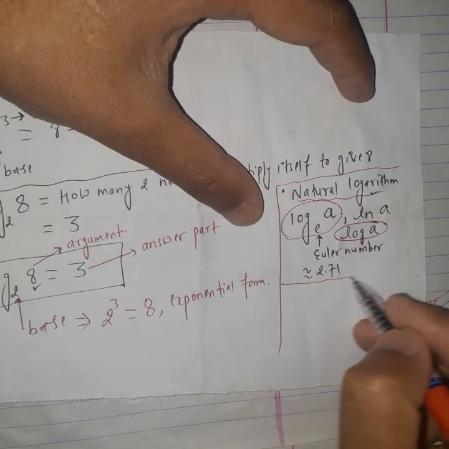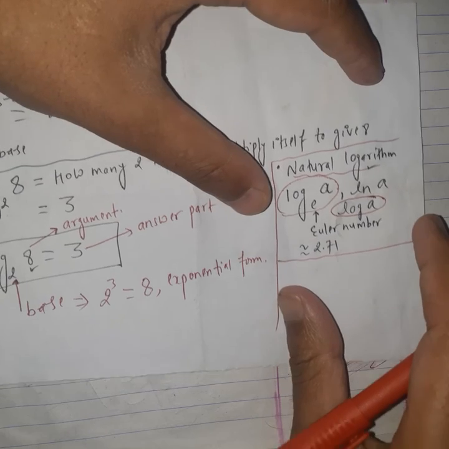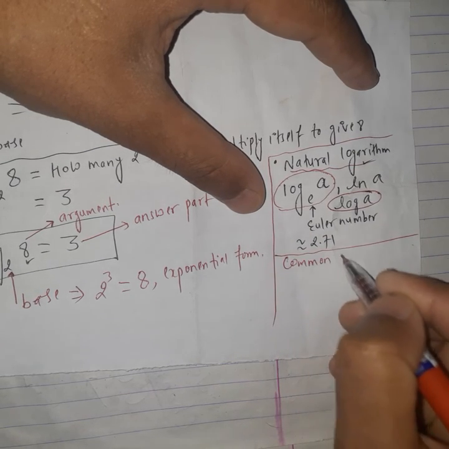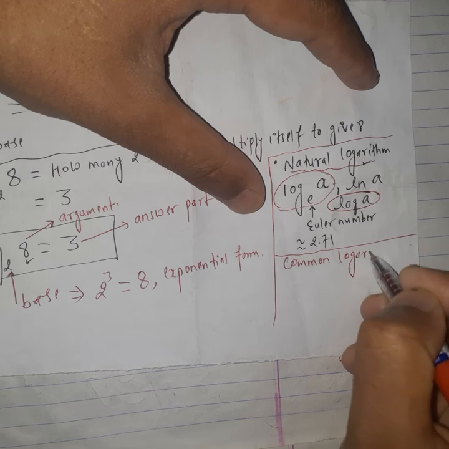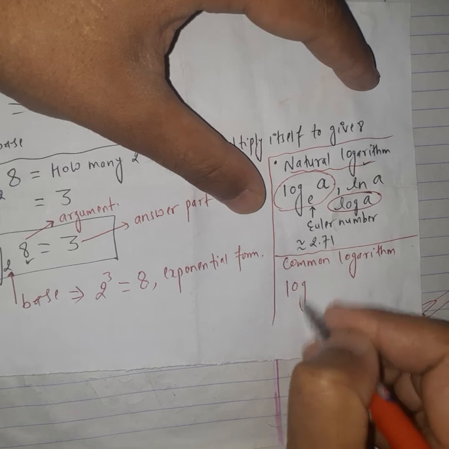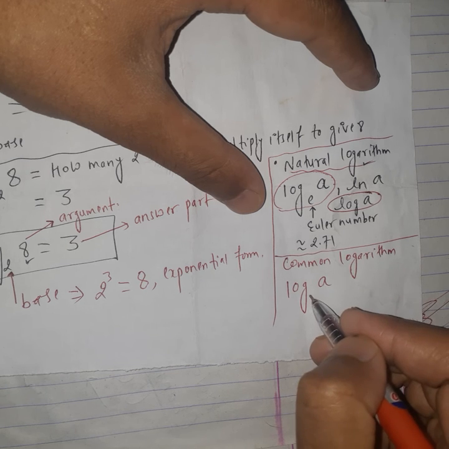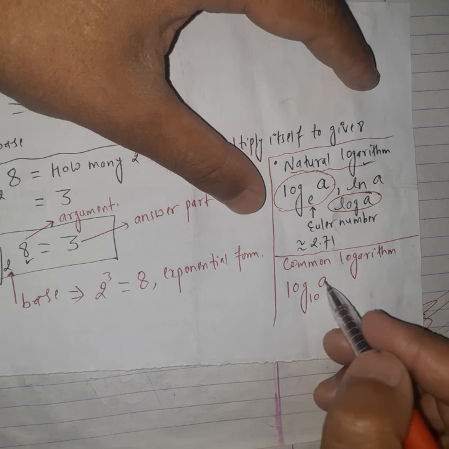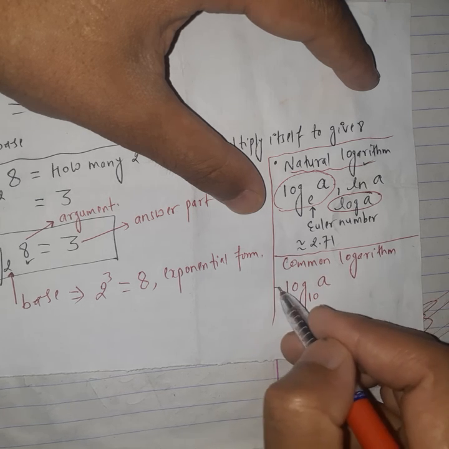The next type of special logarithm is the common logarithm. It is the logarithm of any number with base 10. Log to the base 10 of a is the common logarithm.